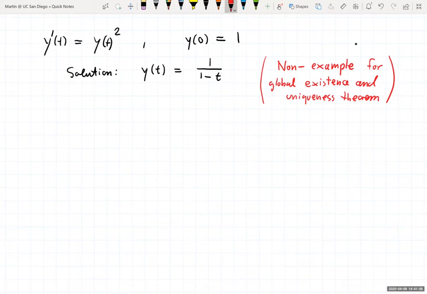So in particular, the solution becomes singular in finite time. And we will see that indeed this differential equation does not satisfy the conditions of the global existence and uniqueness theorem.